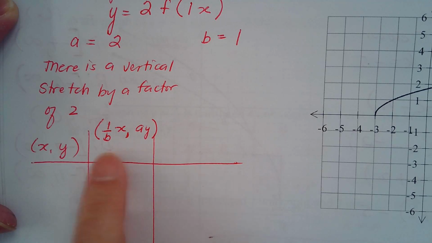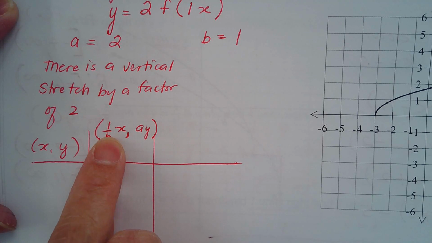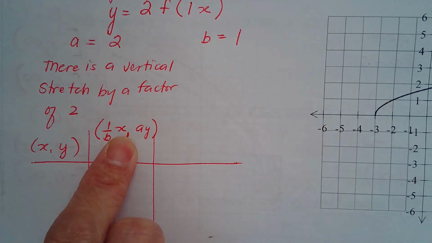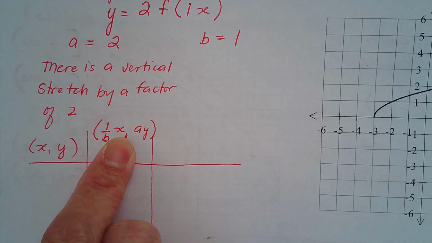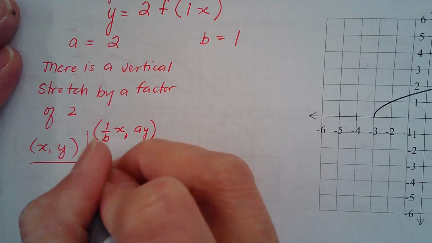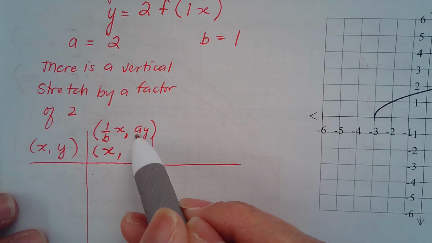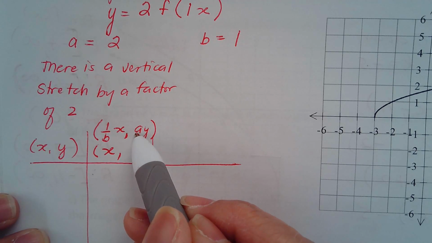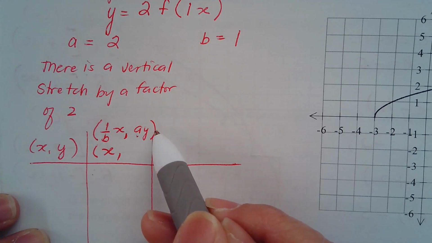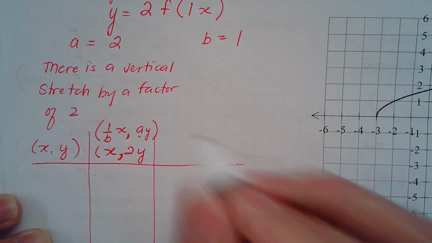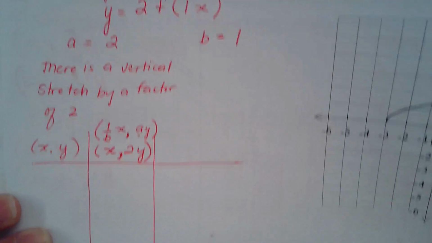That's the transformation we're doing. What's the b? It's 1, so it's basically 1 over 1 times x. It's just x, so nothing is happening with the x. But what about the y? a is 2, so it's going to be 2 times y. Okay, so that's our mapping.